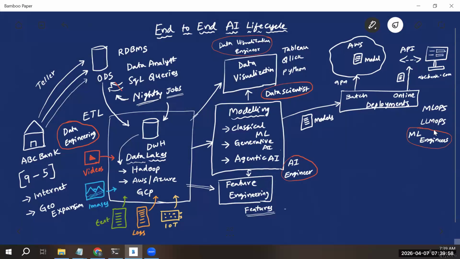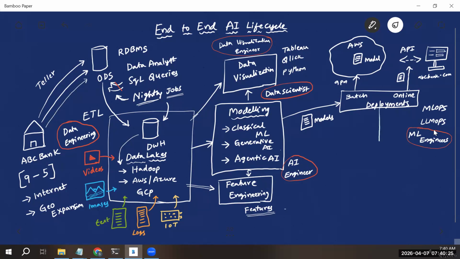They are the ones who have knowledge about DevOps. They are a combination of software engineers plus DevOps engineers, and they know how to deploy the models, scale the models, and do all the traditional production deployment techniques. Got it?